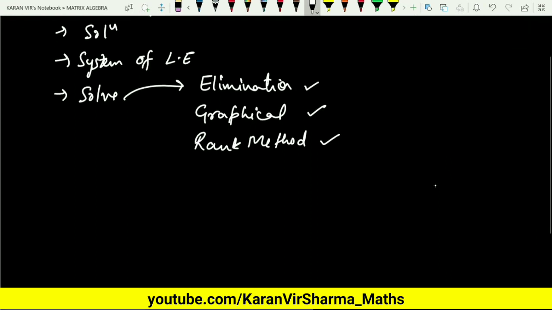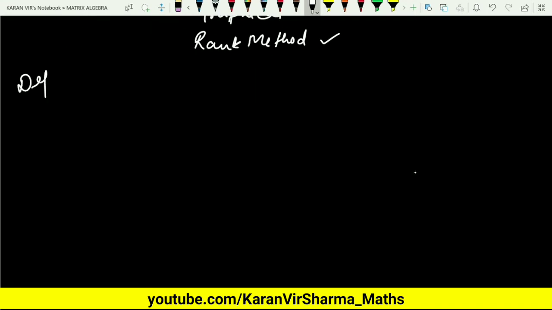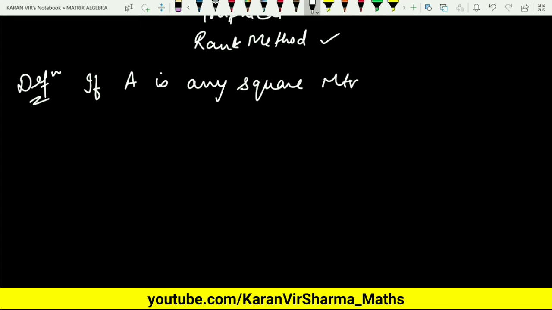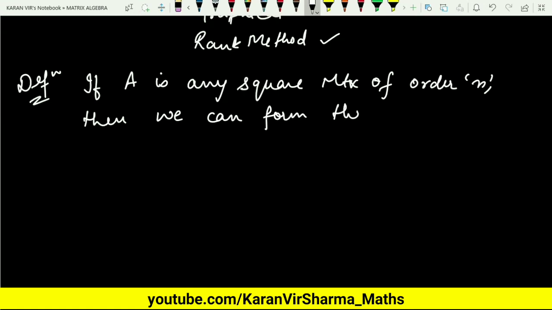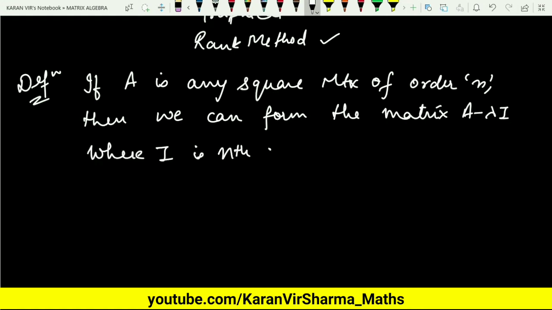So the definition states that if A is any square matrix of order n, then we can form the matrix A minus lambda I, where I is the nth order unit matrix.